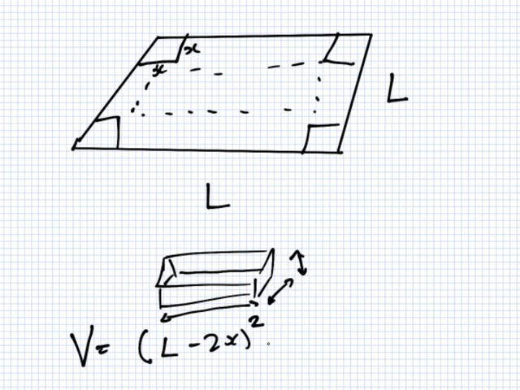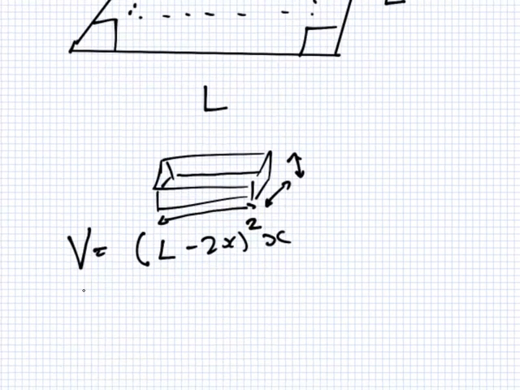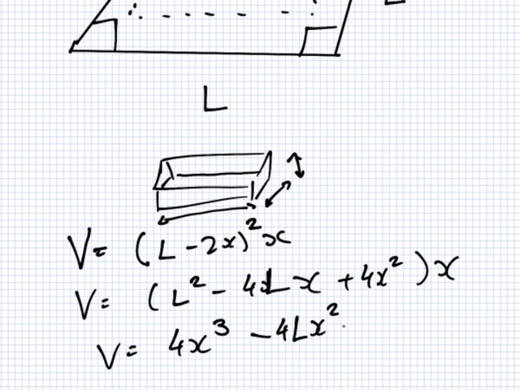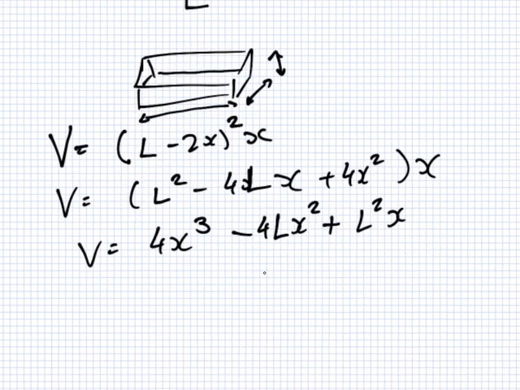X. So the volume will be L squared minus 4LX plus 4X squared, times X. So the volume will be 4X cubed minus 4LX squared plus L squared X.